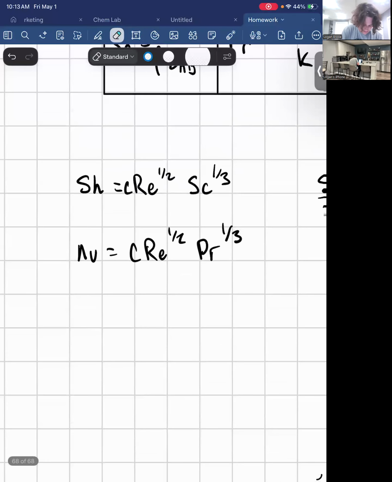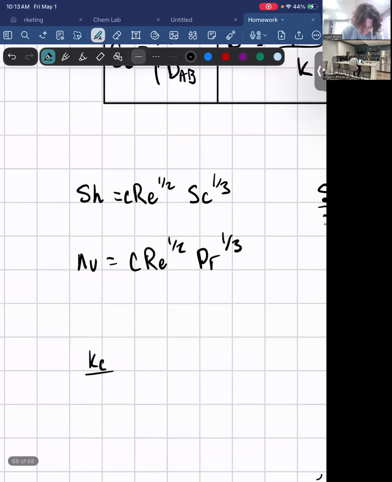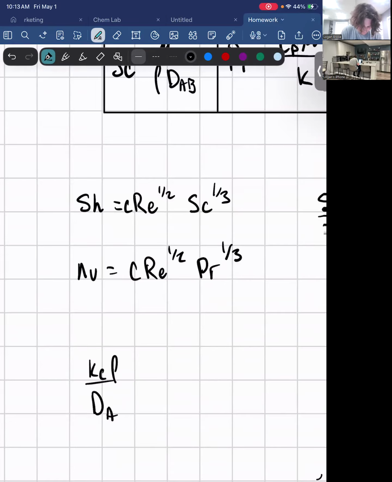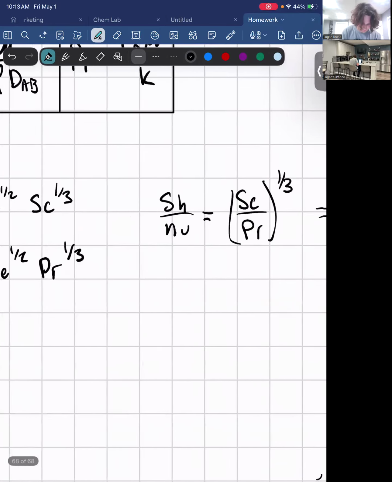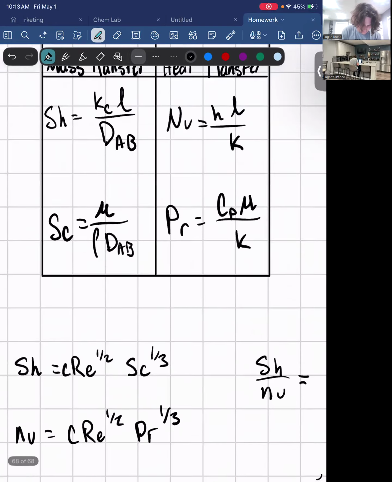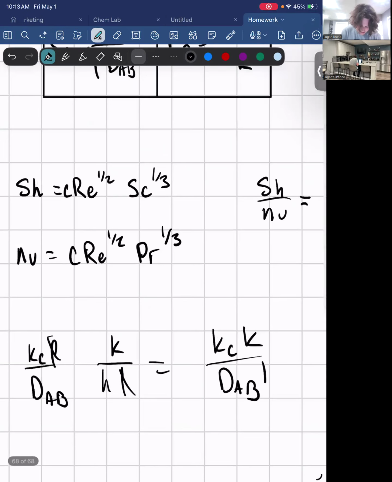So it'll be K over DAB times K over H delta, which then will get you Kc K over DAB. These cancel, times H.